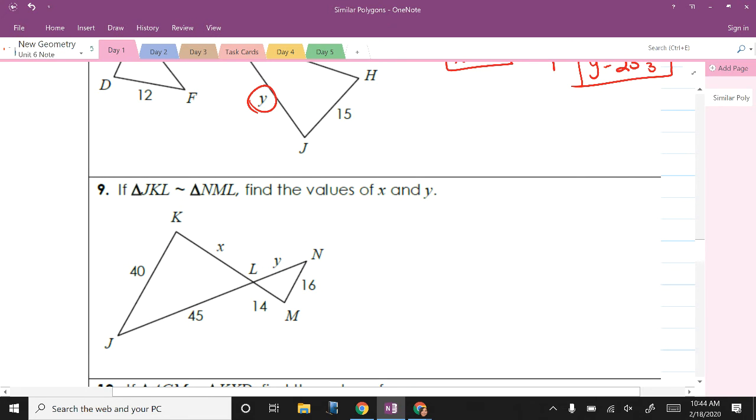Look at number 9. They kind of have those pictures drawn together. This makes it a little bit more complicated sometimes. But again, they gave us the similarity statement. So when they give you the similarity statement, that makes it a little bit easier. Okay, we want to find a pair of corresponding sides that we know both of the measures to.